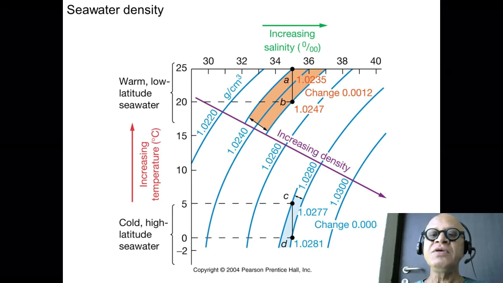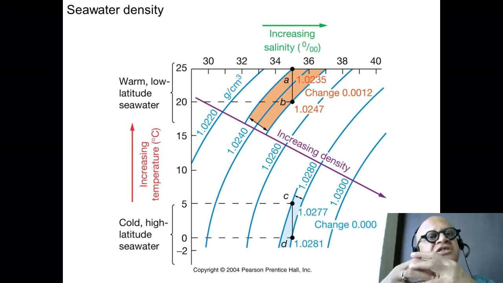This makes for another interesting thing. So imagine you are on this constant density line of 1.024, okay? You take the water mass here, which is at the same density but has a salinity in this range and the temperature in this range, and you take another water sample of the same density as the one here, but now the temperature is in the 5-degree range and salinity is much fresher, in the 31 range, and then you mix it.